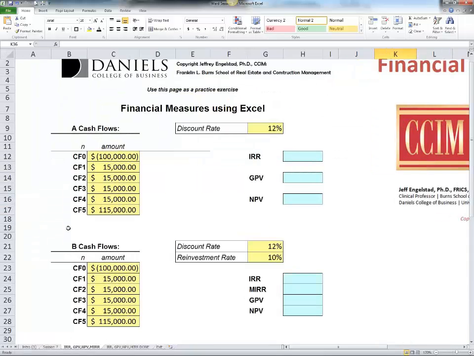Okay, so we're going to look at internal rate of return and some other financial measures using Excel. You can also use this as a test of your knowledge of finance in general. Take a look at the A series of cash flows. You have a $100,000 initial investment, and then you return $15,000 every year, and at the end of the holding period, you get back your $100,000. If you understand fully the concept of internal rate of return, you know what the internal rate of return on this investment is before you calculate.